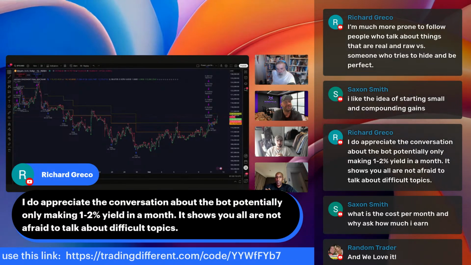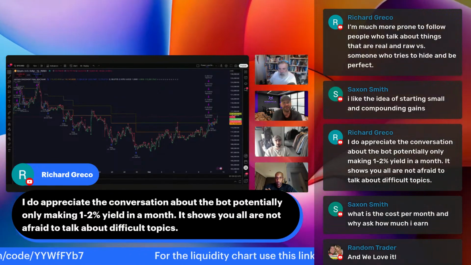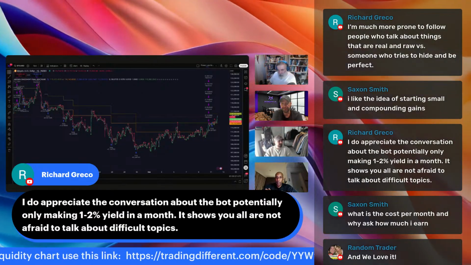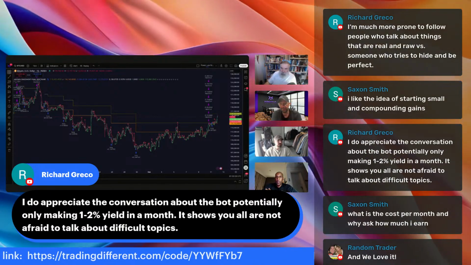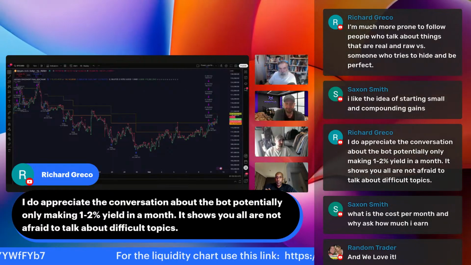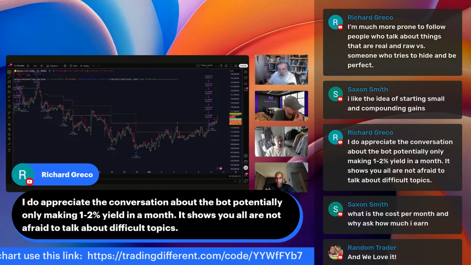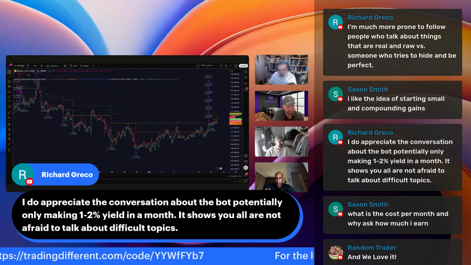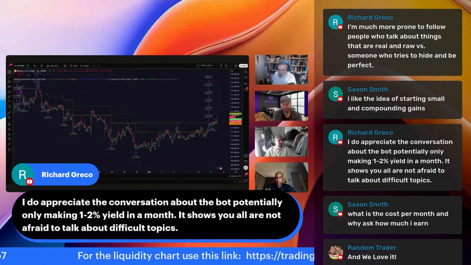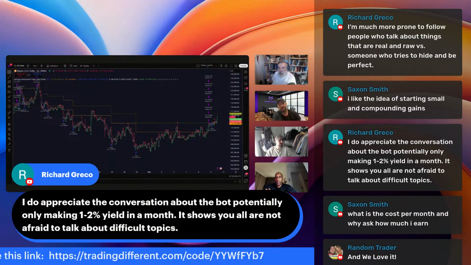So to have something that does 3% like clockwork is just not reality. We're not talking about owning a rental property and having a guaranteed fixed income every single month, right? I think this is where people get confused. The system can, of course, produce these numbers, but you have to realize that in a market, it's lumpy, and you could have a 60-day period with 0 gains and then a 12% growth on the account.